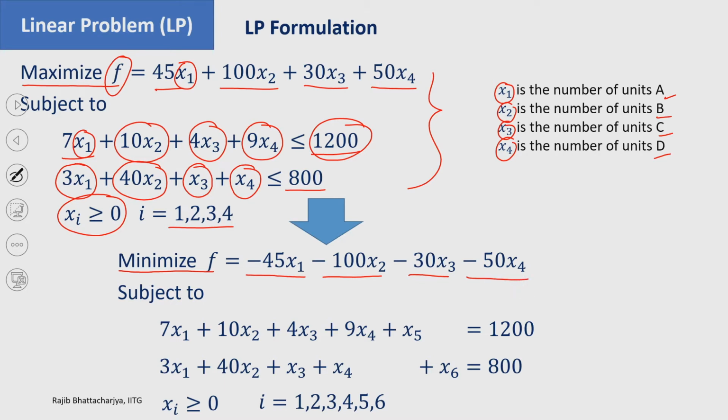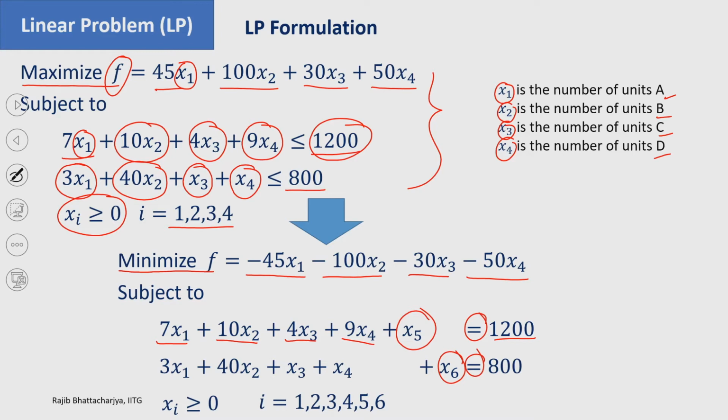And the constraints are 7 x1 plus 10 x2 plus 4 x3 plus 9 x4. Now, I am putting a slack variable here, this is x5 just to make it equal, and this is equal to 1200. And similarly, on the second constraint, I am putting another slack variable, that is x6, just to make it equal to 800.